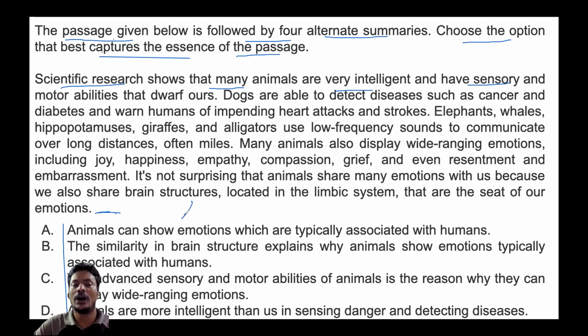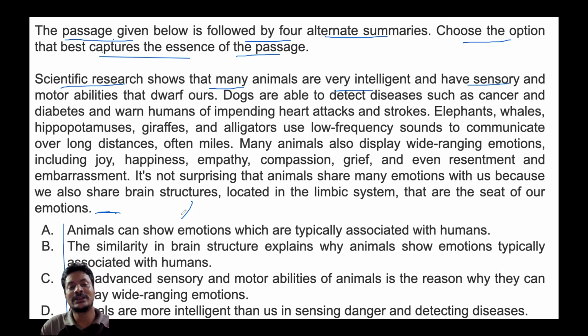We need to read the text properly and find the main idea. The first step is to read and understand the passage.